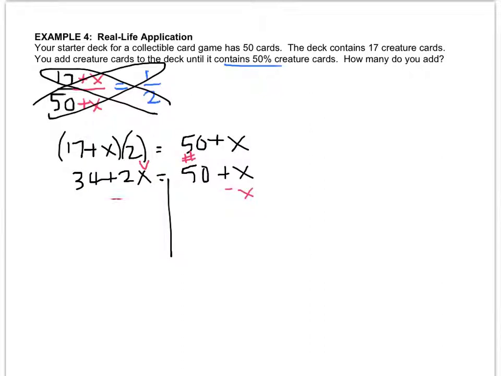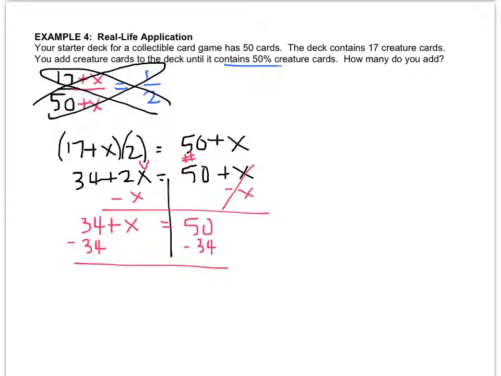Minus x. 34 plus x equals 50. Minus 34. x equals 16. So that means that you added 16 creature cards.